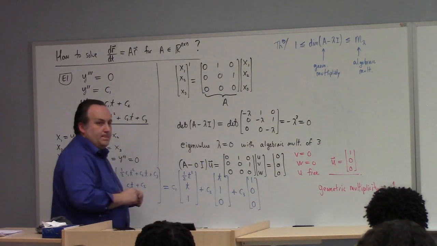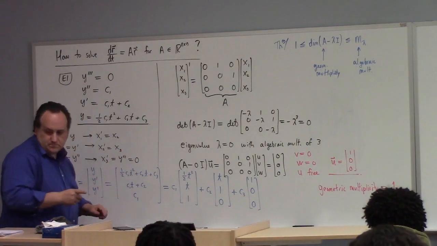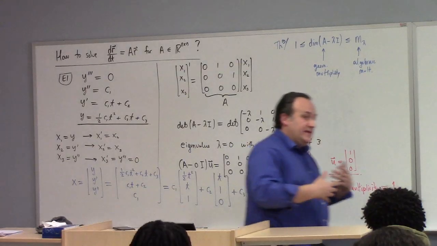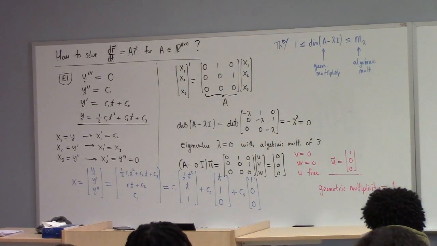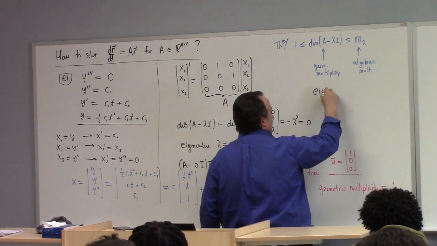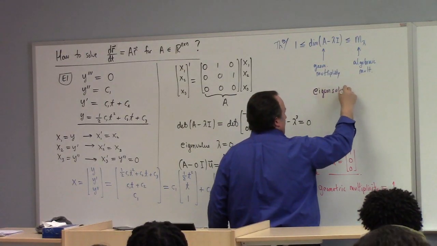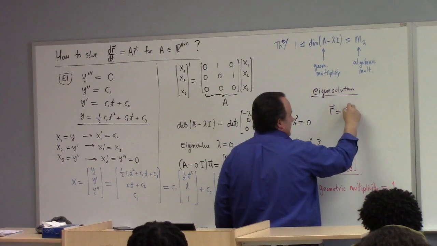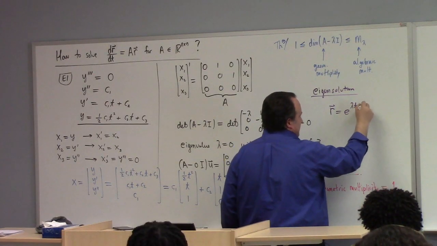Right? Notice here that last part I just wrote, that's the eigensolution. How did the eigensolution look? You guys remember? What was the rule? Remember how the eigensolution works? Our eigensolution, we write down r equals e to the lambda t times the eigenvector, right?